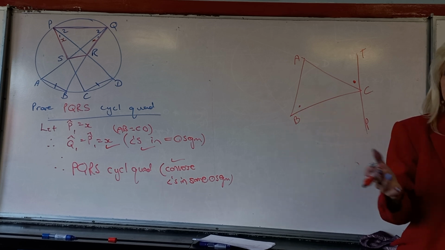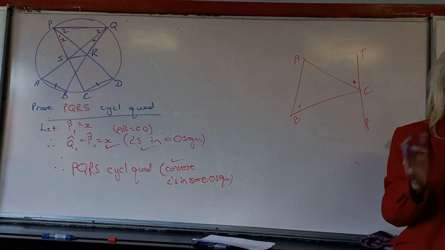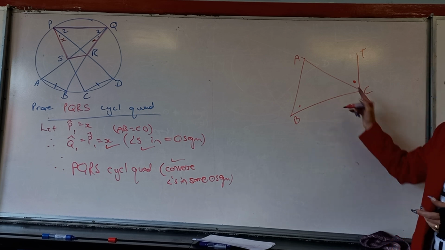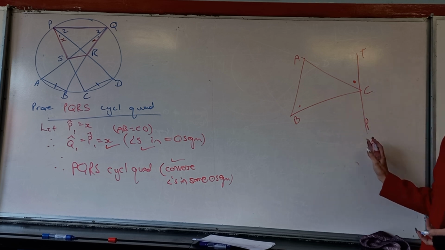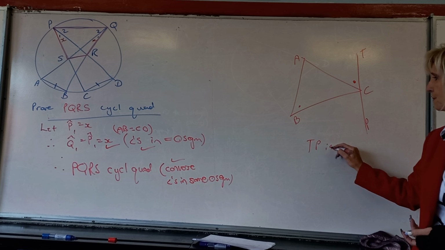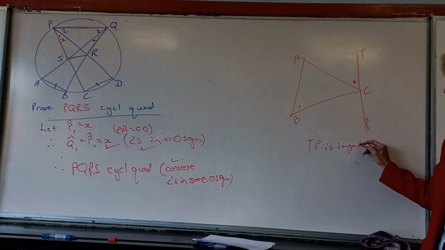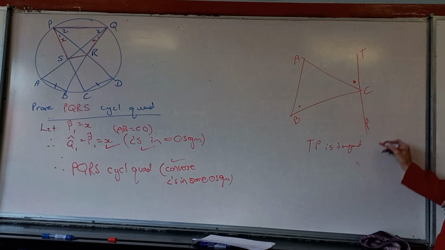If for some reason, magical reason, stuff has got to be given to me, if they are equal, then I will deduce that this is a tangent. So TP is a tangent because, this is not a whole reasoning, because of the converse of tan-chord theorem.